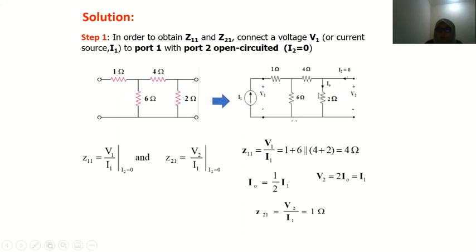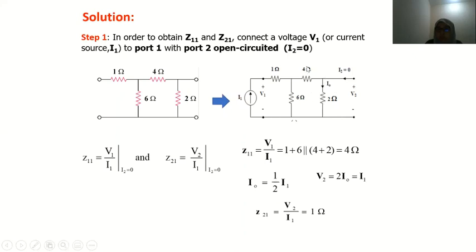You can label with any current, so here I label I0 the current flowing through your 4 ohm resistor and 2 ohm resistor. Your I0 is equivalent to 1/2 I1.